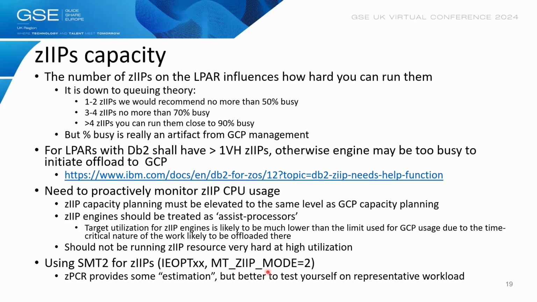There are some RMF fields that can help you evaluate this. There is also a tool by IBM, ZPCR, which provides some estimation of whether multi-threading can help. But the best is just to test it on a representative workload, on a representative Db2 member, for example, to see if this can help.